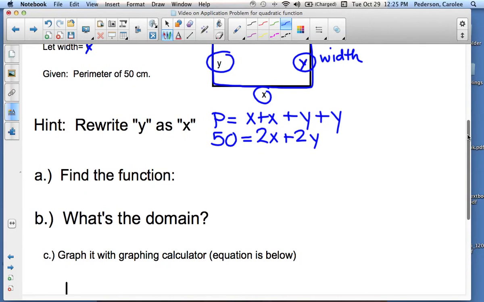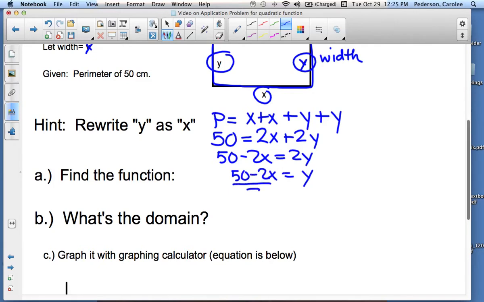Let's solve this equation for y. So I'm going to subtract 2x from both sides, and then divide both sides by 2.